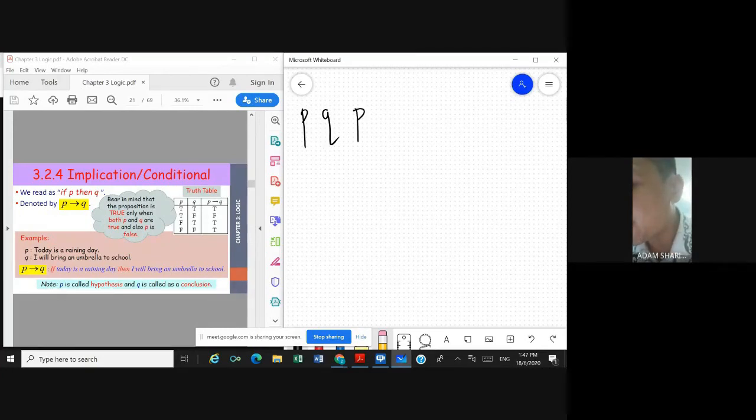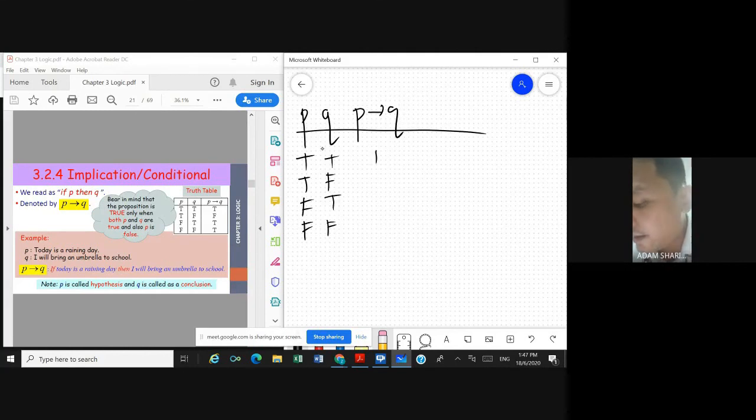P implies Q. T, T, F, F, T, F, T, F. And by this rule, T implies T is T, T implies F is F, F implies T is T, F implies F is T.